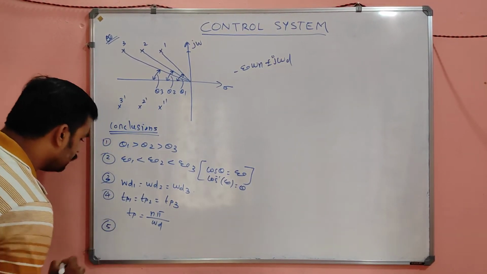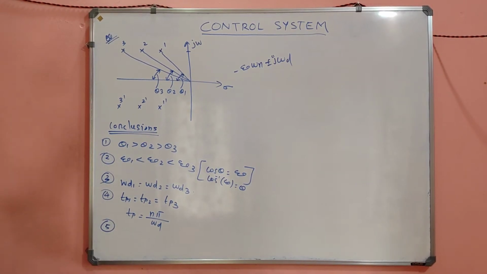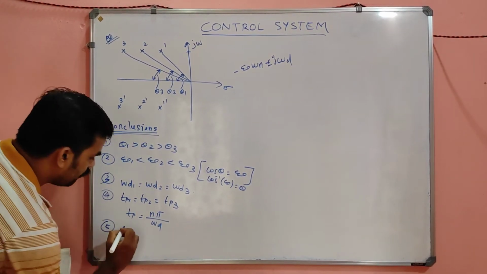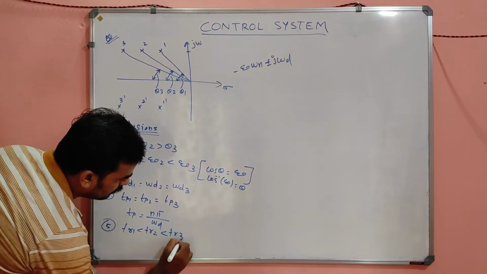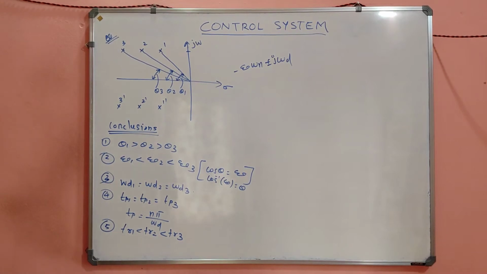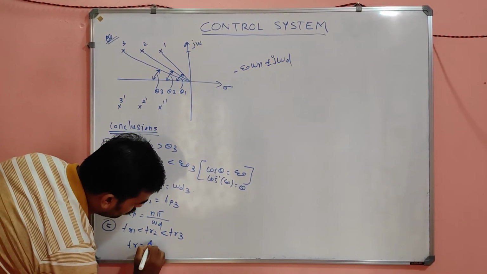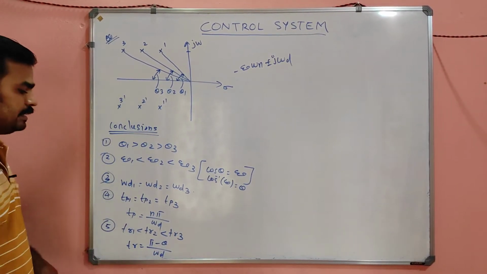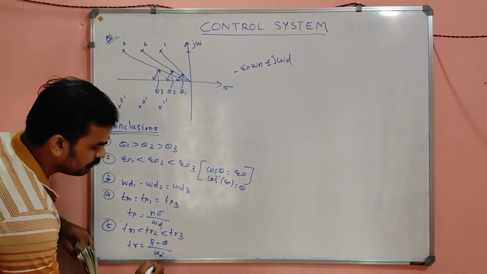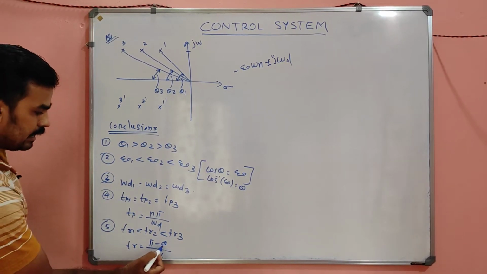And fifth conclusion, TR1 greater than TR2 greater than TR3. Because in rise time, my dear, there is an equation for rise time. What is the equation for rise time? TR will be equal to pi minus theta divided by omega d. Correct?